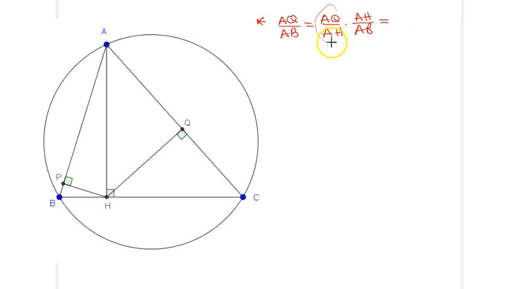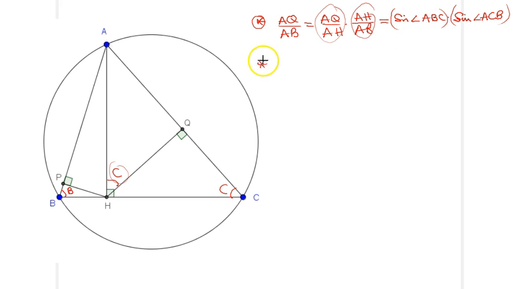Notice that AQ over AH, if you call this angle C here, that's also C, so that would be simply the sine of C. And in a similar way, AH over AB would be simply the sine of this angle B. So I can call this the sine of angle ABC times the sine of angle ACB, the product of these two sines. So that's exactly what we want to find.